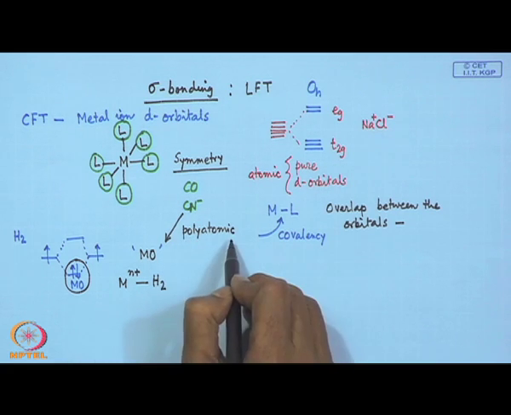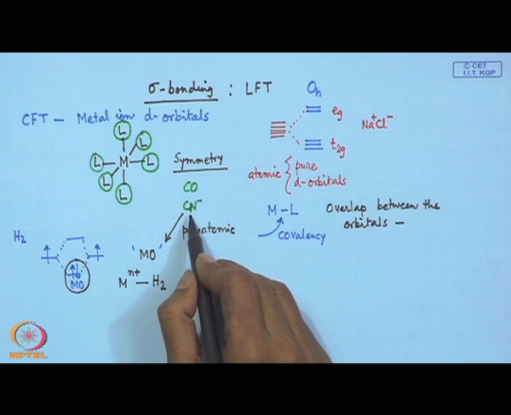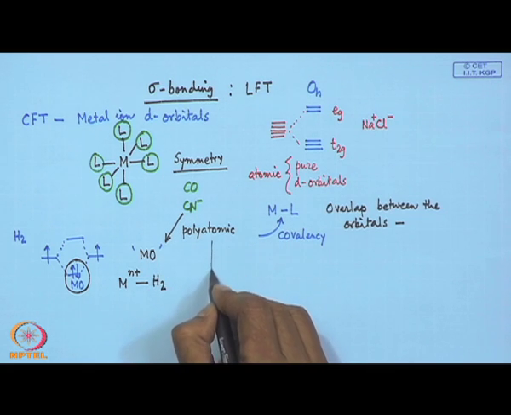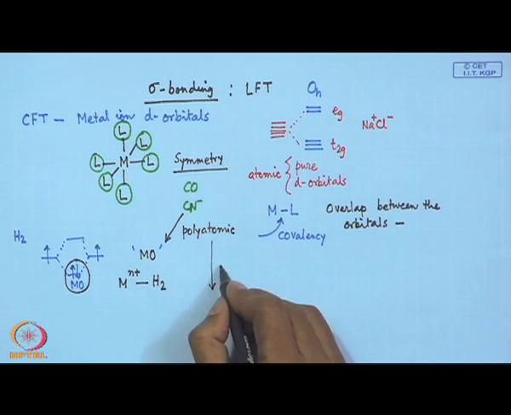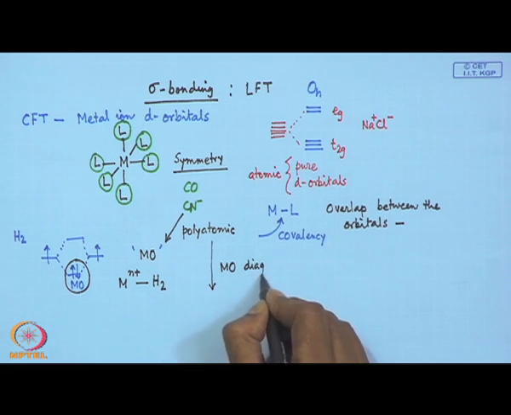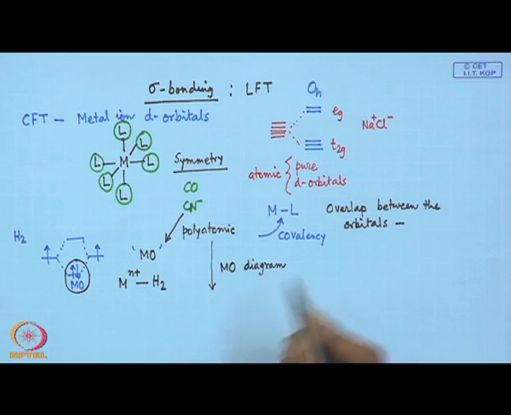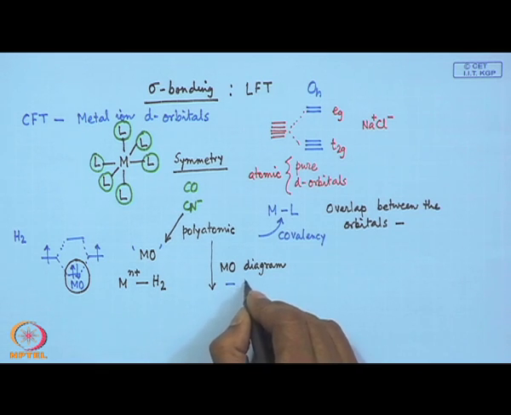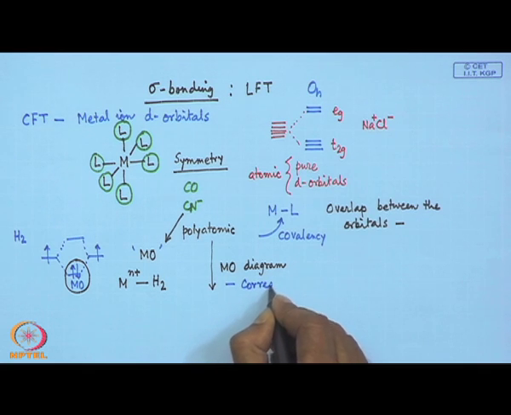So, for polyatomic systems like carbon monoxide as well as CN minus, we have the typical molecular orbital picture or molecular orbital diagram. These molecular orbital diagrams we must have for the corresponding ligands.